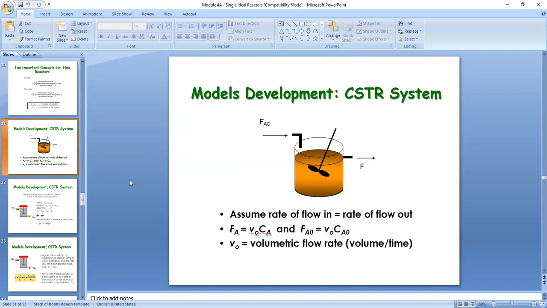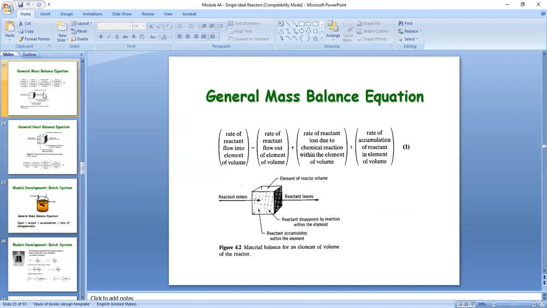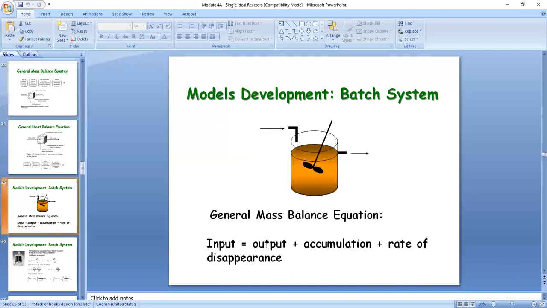But before I show to you the performance equation for the CSTR, and the same thing with the plug flow reactor, what particular term or terms in this general mass balance equation will you set to 0 if we talk about continuous reactors?